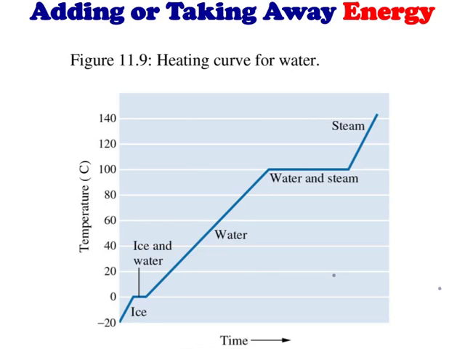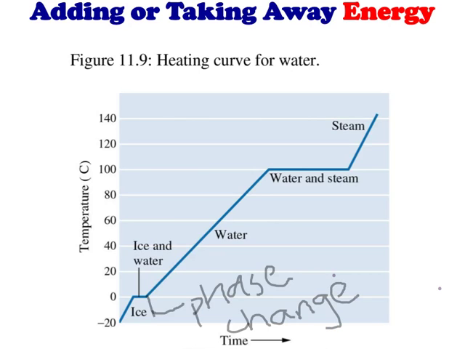So, just to recap, right here was where we had our phase change and the temperature can rise. It changed from a solid, ice, to liquid, water. Now the temperature can go up.